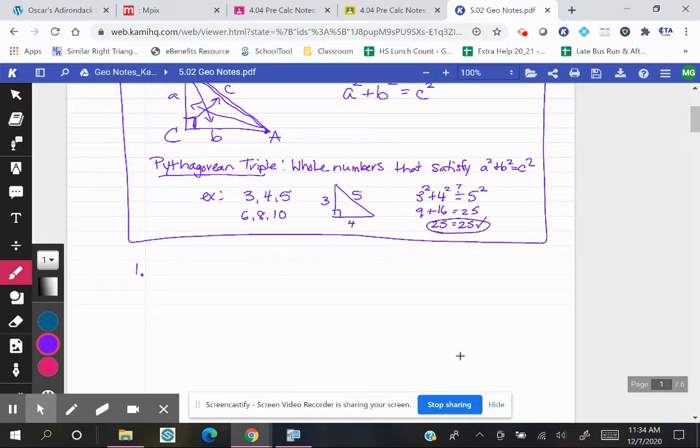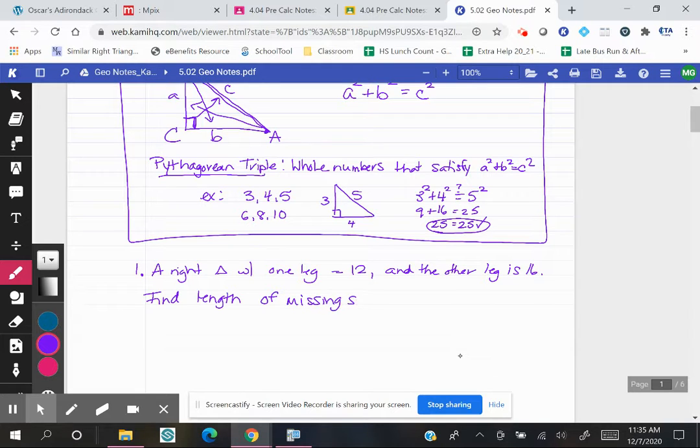All right, so the first one is a right triangle with one leg equal to 12, and the other leg is 16. Find the length of the missing side.